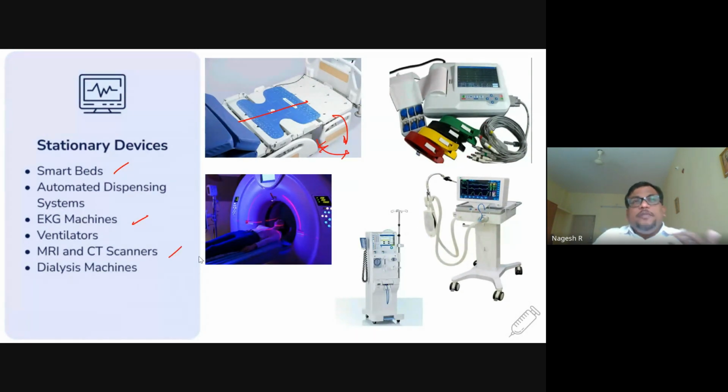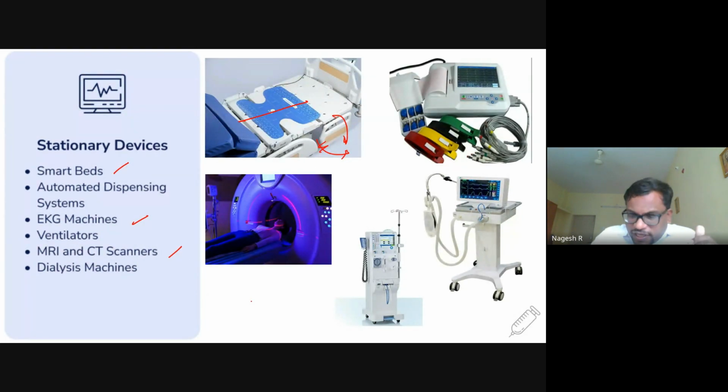Earlier, the image of MRI and CT had to be printed and given to a doctor for analysis. Nowadays, it is smarter. These MRIs and CT scanners apply artificial intelligence and try to predict certain already learned diseases and ailments. So it makes it easier for the doctor, the physician.